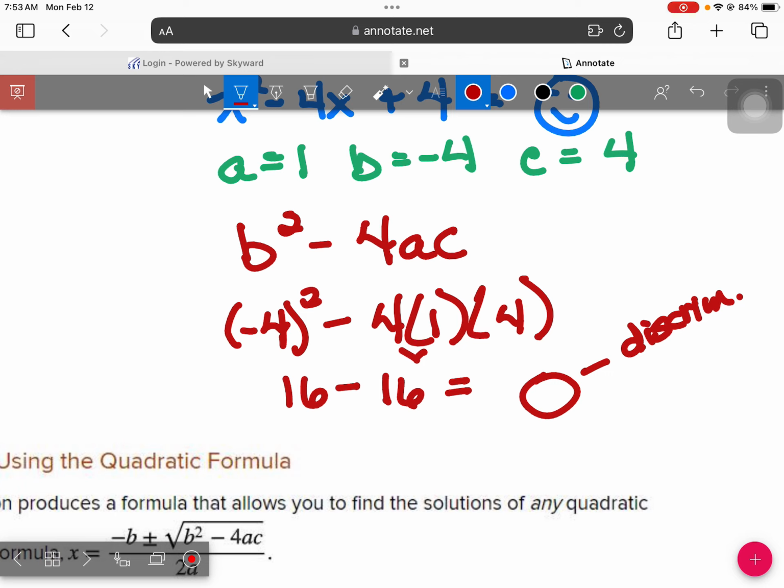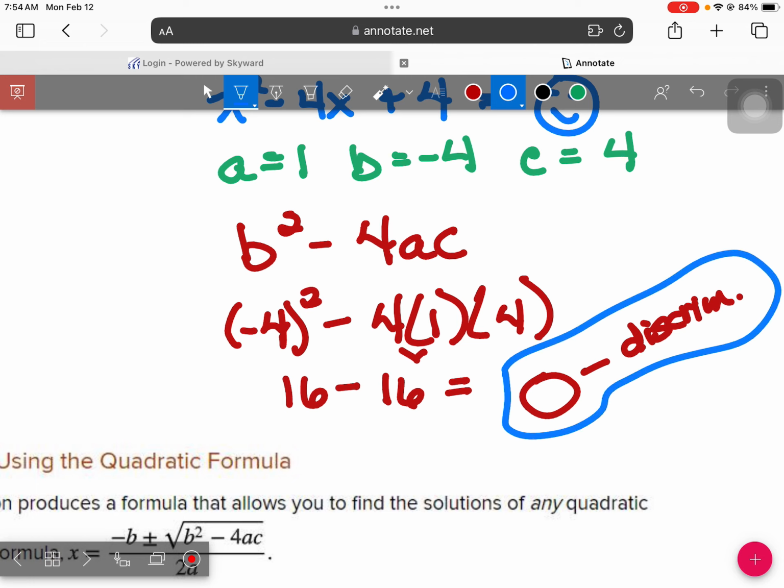Your discriminant is 0, which means you have 1 real root, which means it's going to be a double root and it's going to bounce.